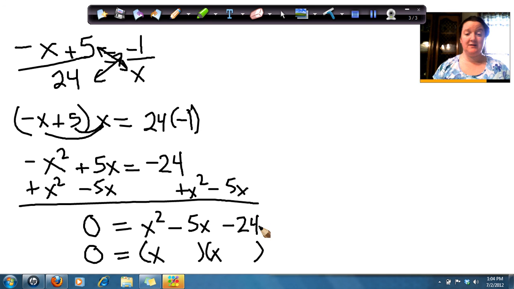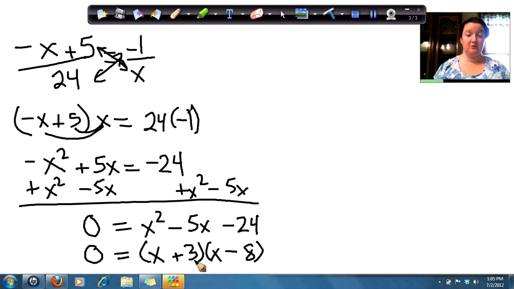What multiplies together to give me a negative 24 but adds together to give me a negative 5? If I think about a negative 8 and a positive 3, my middle term would be 3x, my outside term would be a negative 8x, and then 3x minus 8x gives me the negative 5x, which is what I wanted in the middle. And a positive 3 times a negative 8 would give me the negative 24.